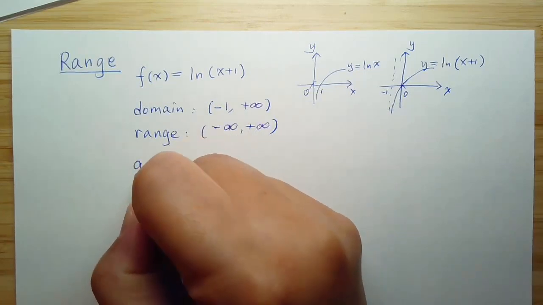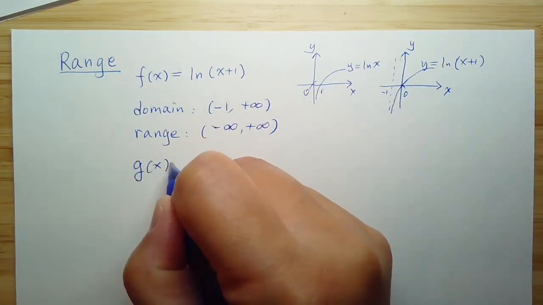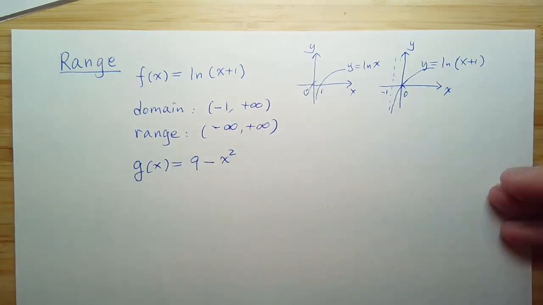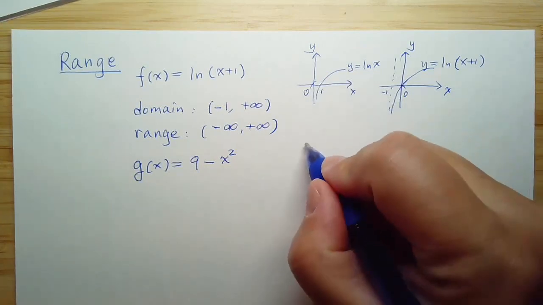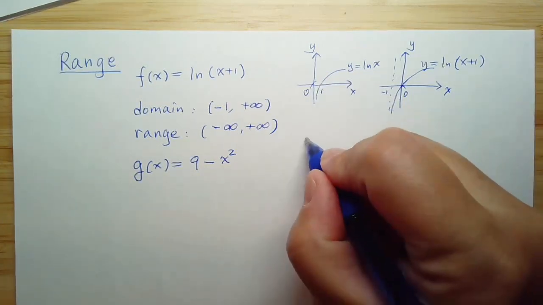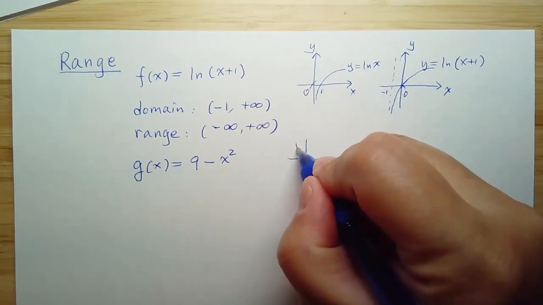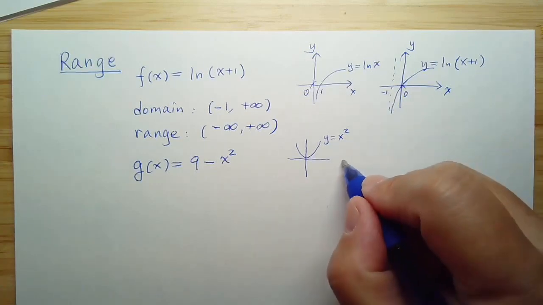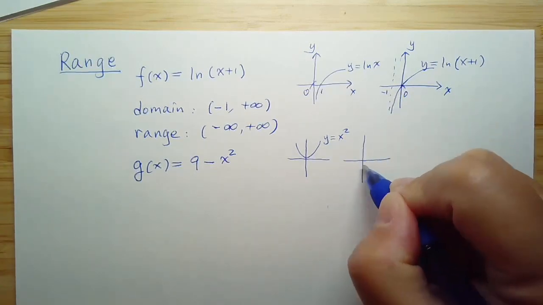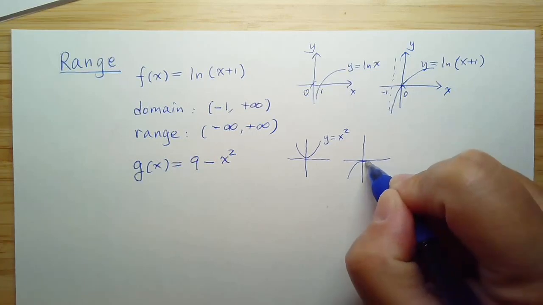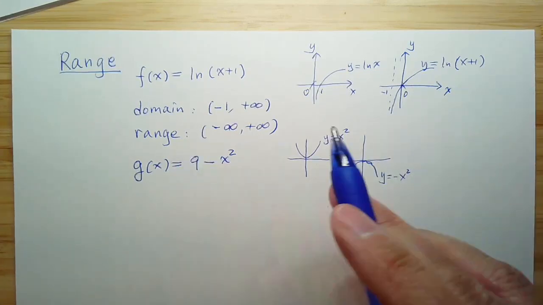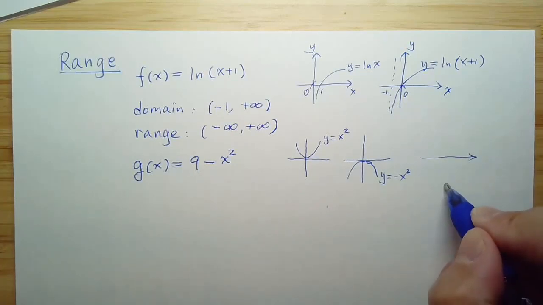The second one, g of x, is 9 minus x squared. So it's a quadratic, and from 9 minus x squared, we know it opens down. If you remember the parent function, y equals x squared, and then flip it down, then this is y equals negative x squared, and then you're going to shift up by 9 units.